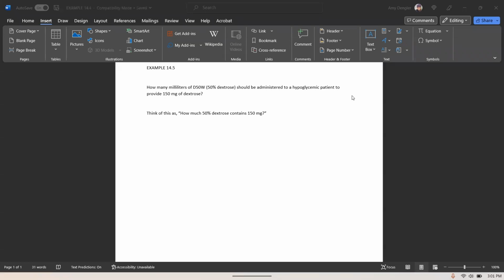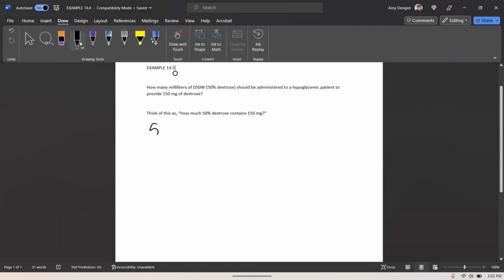Example 14.5, how many milliliters of D50W should be administered to a hypoglycemic patient to provide 150 milligrams of dextrose? So first we're going to take that 50% and we're going to rewrite it as 50 grams over 100 ml.